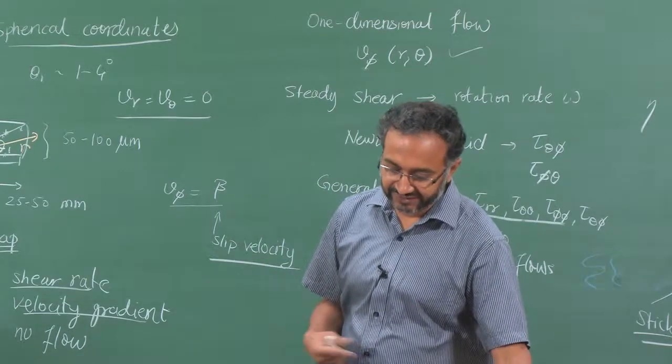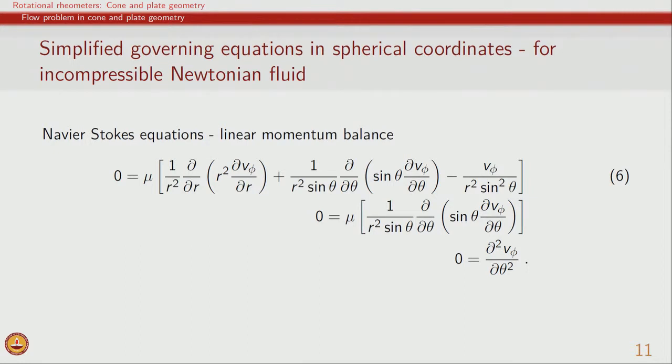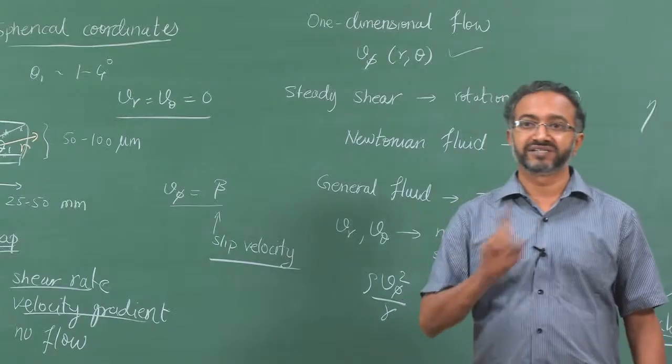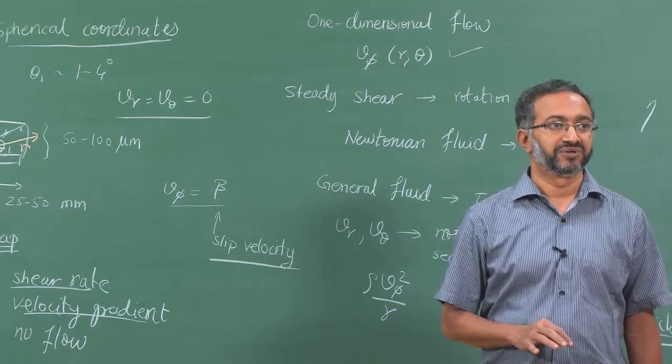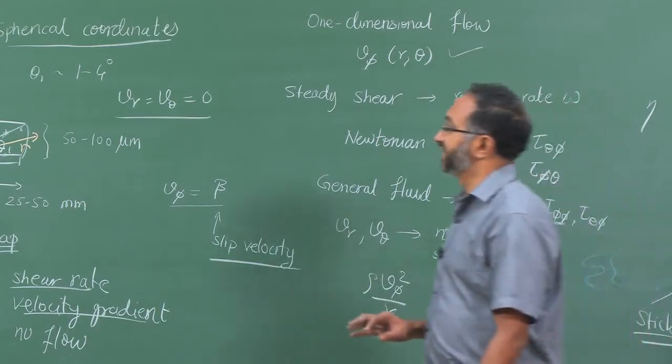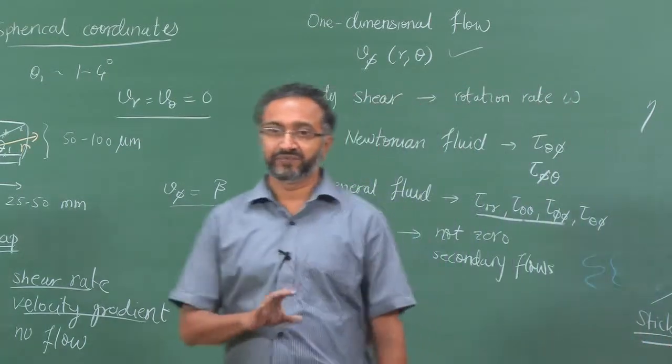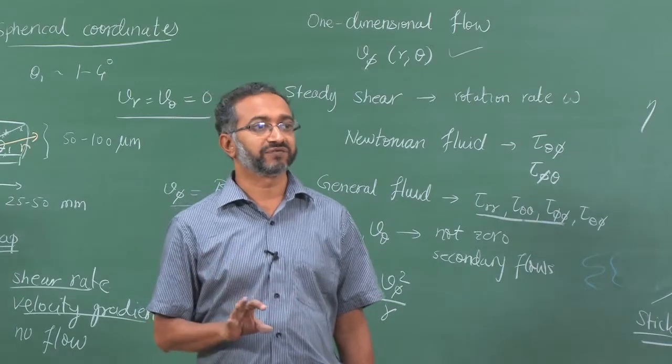So, that is as far as the other assumptions go. Given that we assume no slip and given that we assume that the instrument is able to do what we are asking it to do, then we can ignore the r and theta components of the equation of motion.